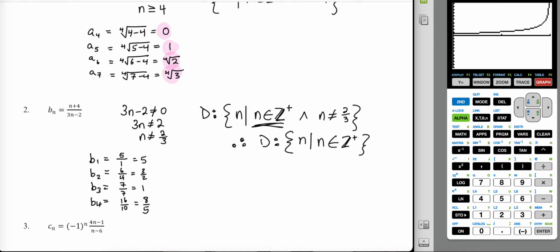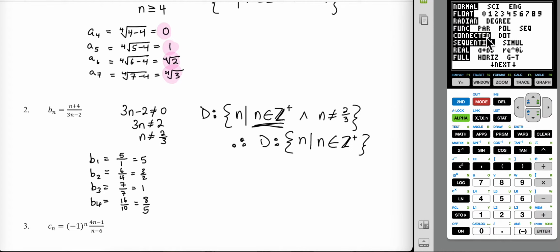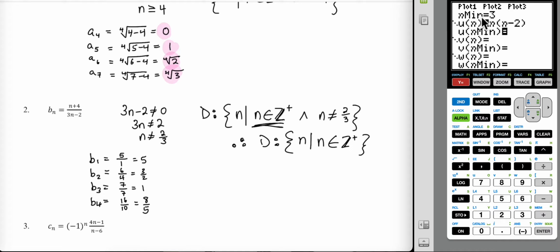Now, there is a way of verifying this information. What you can do is go into mode and select sequence. Then you hit y equals and put in your minimum. The domain is important, so you put in whatever the minimum is for your domain. Then the x-t-theta-n key is going to present you with an n every time you hit it.